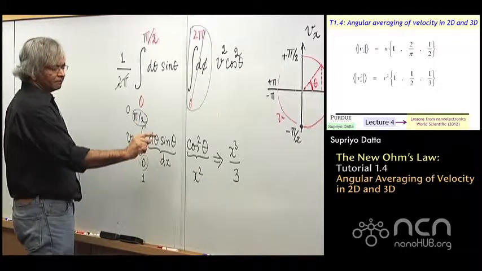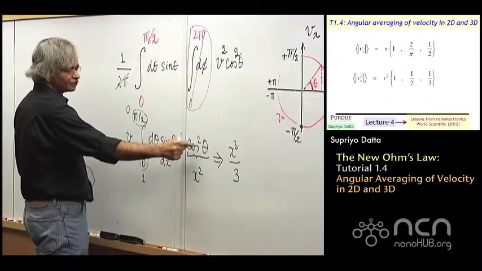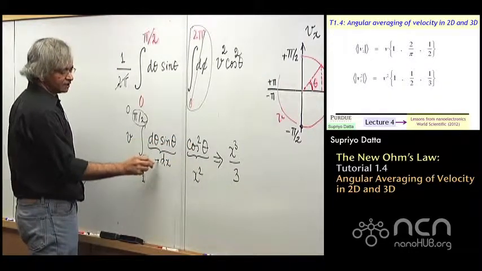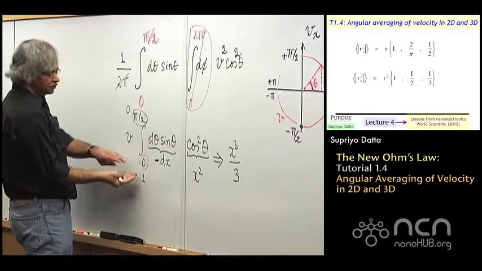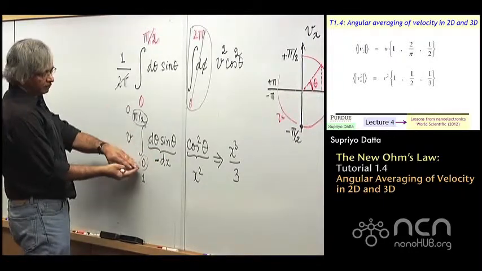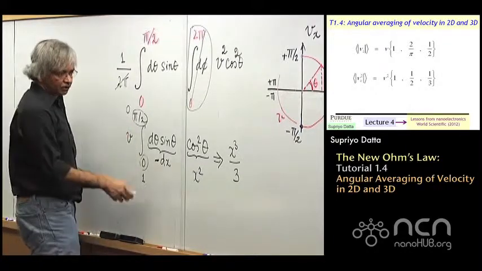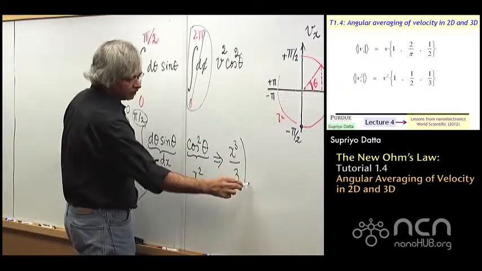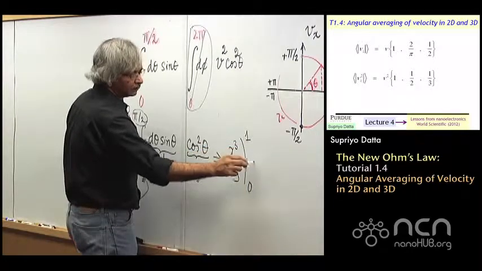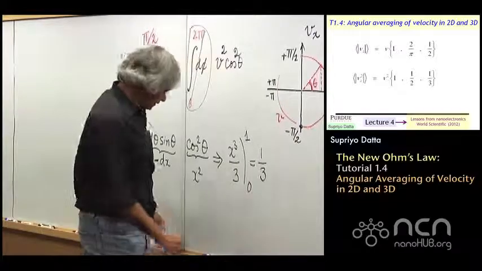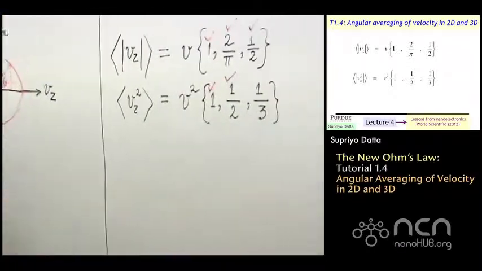By the way, I missed one small point: if cosine theta is x, then d theta sine theta is actually minus dx, and that minus would reverse the two limits of the integral. Anyway, the bottom line is, the limits are 1 and 0. So x cubed over 3, when you go from 0 to 1, gives 1/3. And that then gets us this last one.